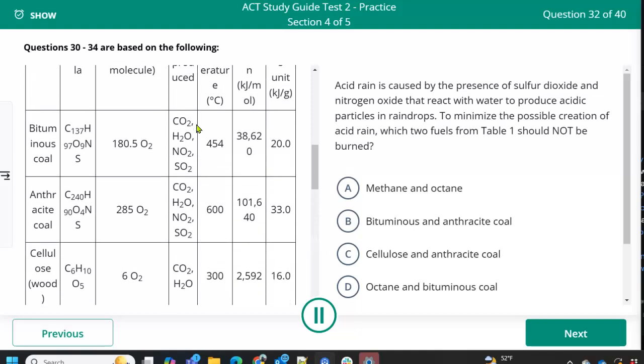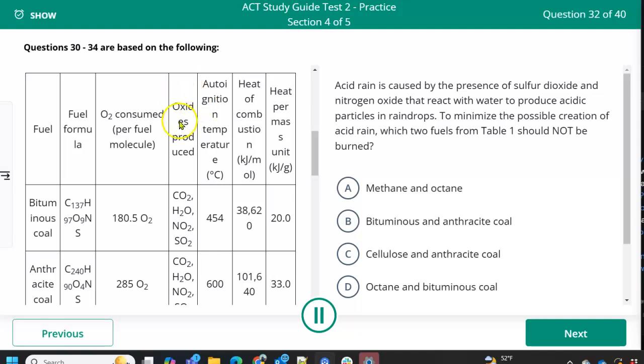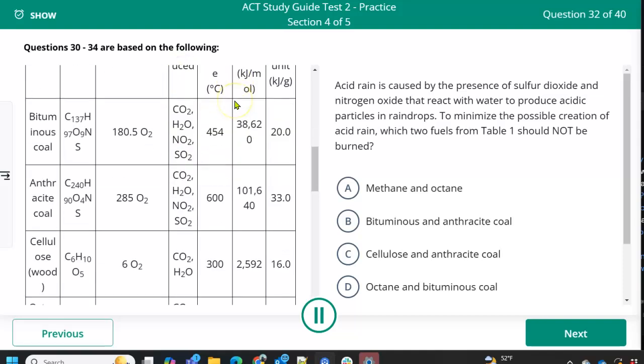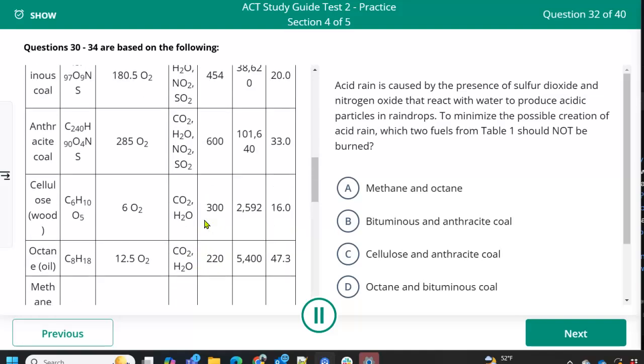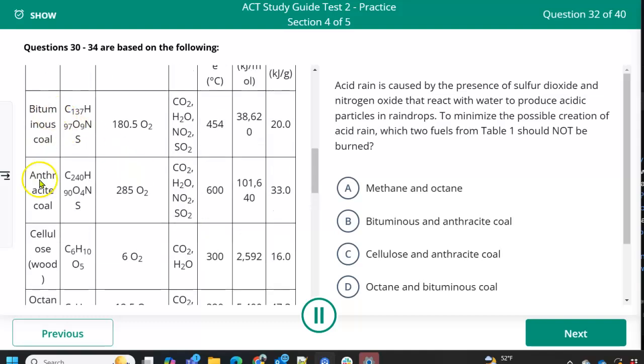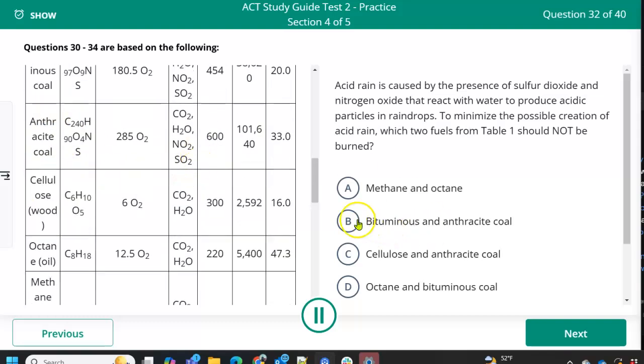All right. So here's the oxides produced. This column here, there's nitrogen oxide. Here's sulfur dioxide. All right, so we don't want bituminous coal. Here's nitrogen oxide. Here's sulfur dioxide. We don't want that either. The others do not produce that. So it's the coal, bituminous coal, anthracite coal.